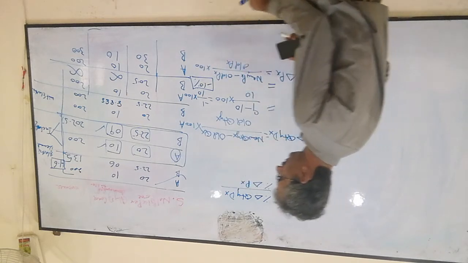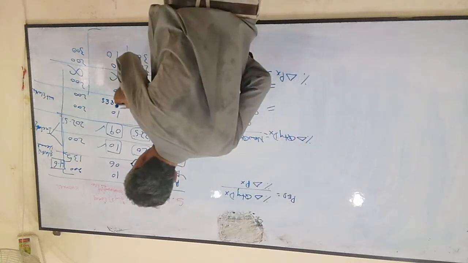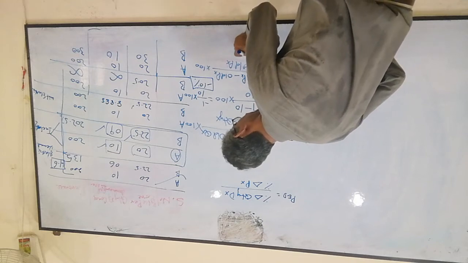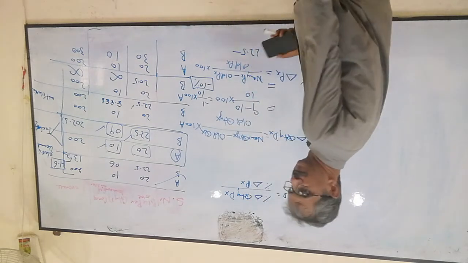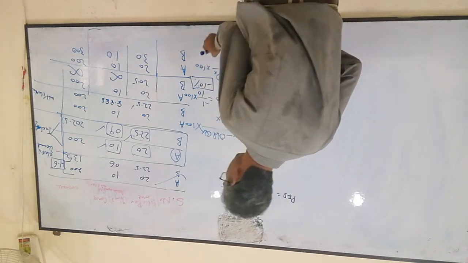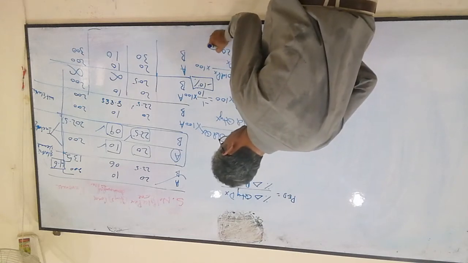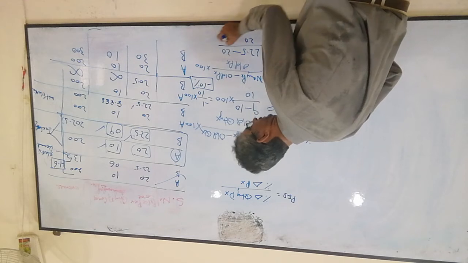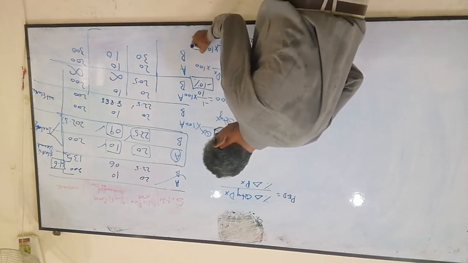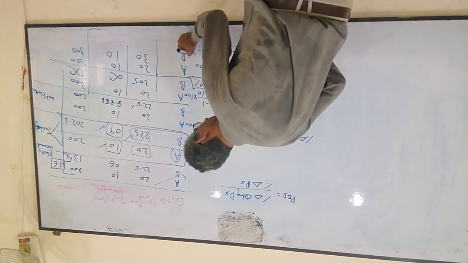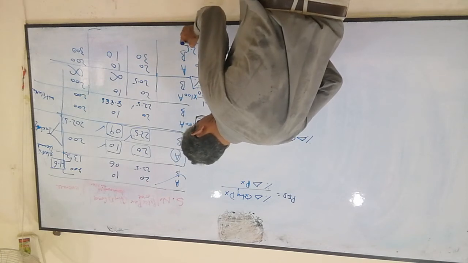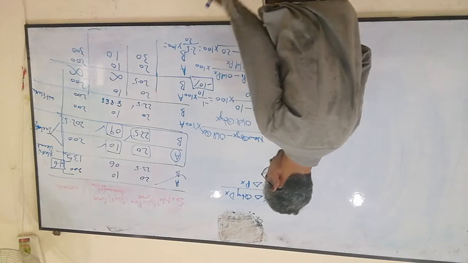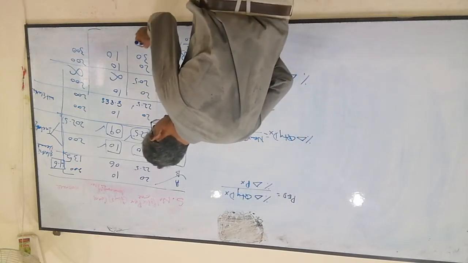The new price of X is 22.5 minus the old price, 20, divided by 20, into 100. So 2.5 divided by 20 into 100 will give you 25%.